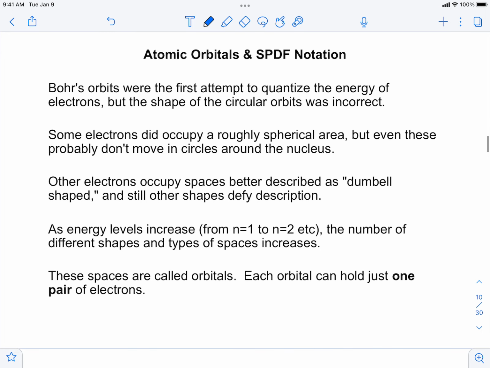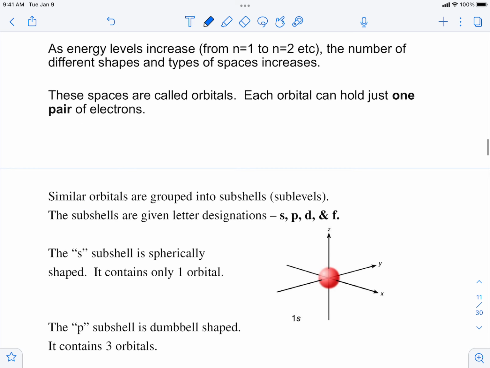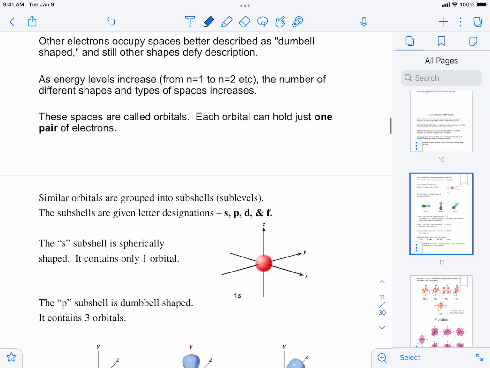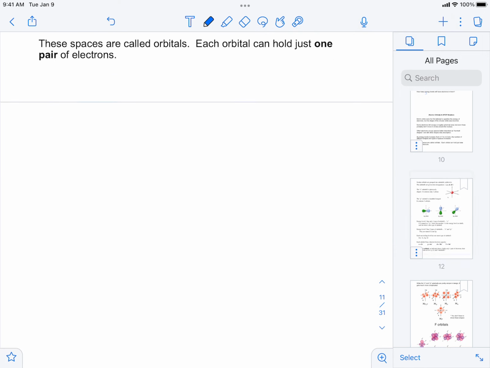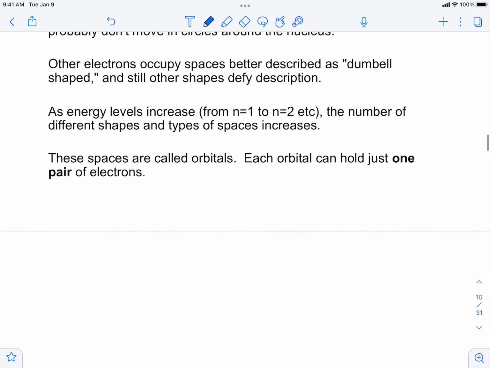The organization of electrons is actually a lot more complicated than just a circular orbit. So the shapes, you know what, I'm going to add a page here, and I'm going to explain this a little differently, because I think we jump into some deep stuff here.